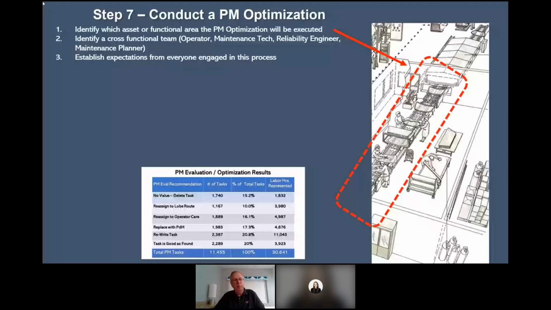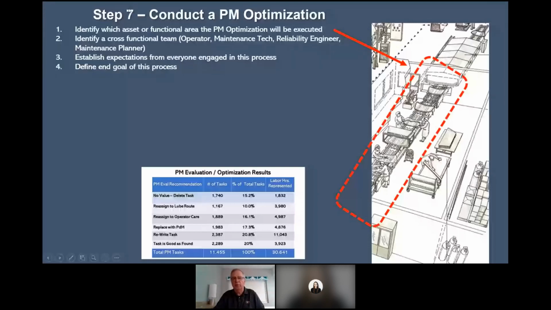If you're going to optimize your PMs, what are you expecting from it? To optimize the PM cost versus reliability, savings. Yeah, absolutely. That's all the answers so far, yeah.